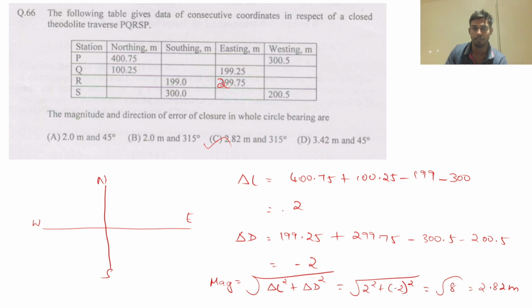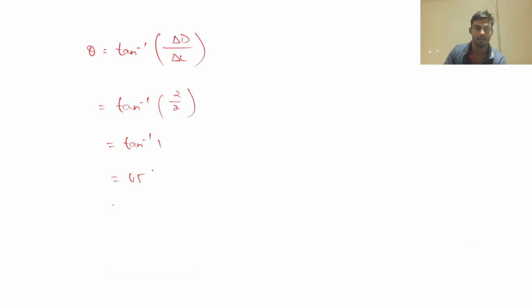Error in latitude is positive, but the error in departure is negative. So positive latitude and negative departure means it lies in the fourth quadrant. This is first quadrant, this is second quadrant, this is third quadrant, and this is fourth quadrant. So error lies in the fourth quadrant, and 45 degree is not the correct answer.